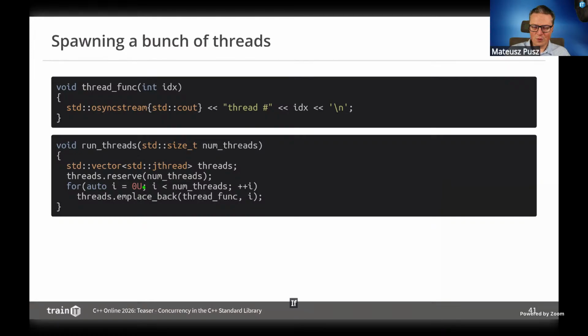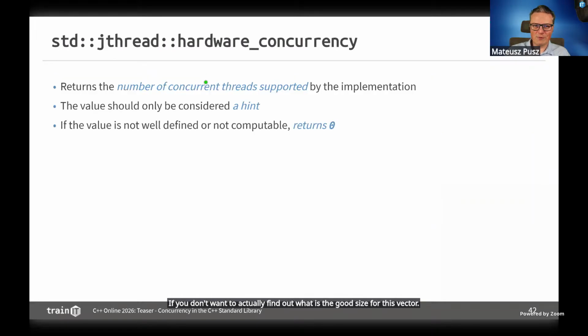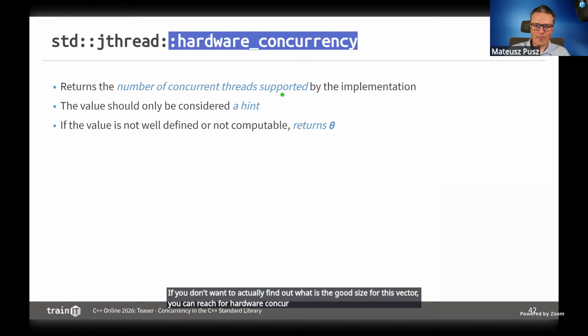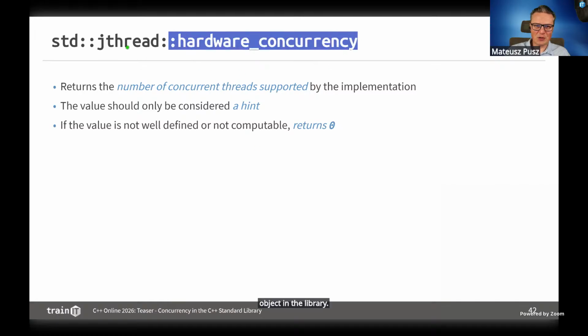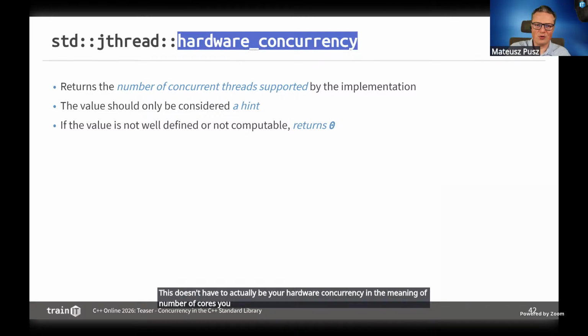If you don't want to find out what is a good size for this vector, you can reach for the hardware concurrency object in the library. JThread and thread provide that. However, this may lie. This doesn't have to actually be your hardware concurrency in the meaning of the number of cores you have on your hardware, because on some platforms, the C++ library will not be able to query that information from the OS.